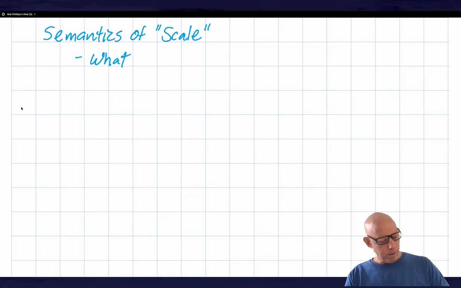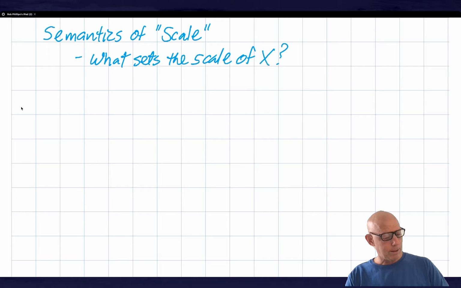So, one of the ways is, and they're certainly related, is a topic that we've already talked about in some depth, actually, which is what sets the scale of x. So I already asserted earlier in the term that if I couldn't answer the question of what sets the scale of a given thing, then that probably meant I didn't understand that thing. And so, we used an example.